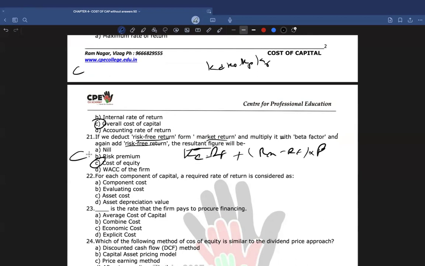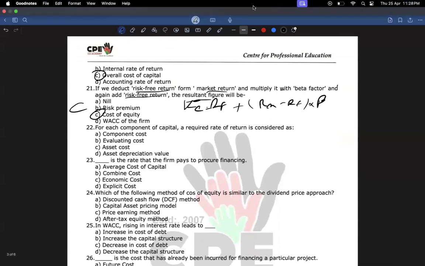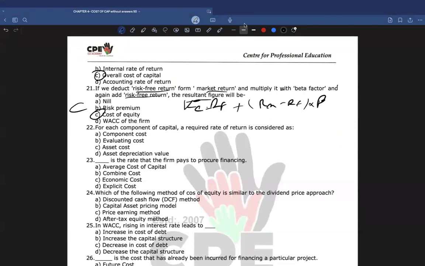So it will be cost of equity. So C. For each component of capital, the required rate of return is considered as component cost. So since he is taking only individual ones, for each component it's a component cost. So answer will be A.